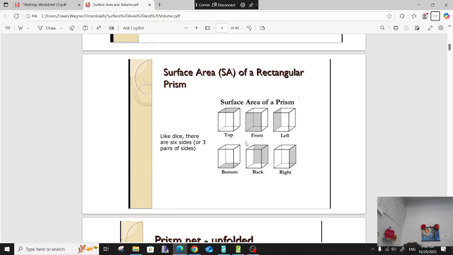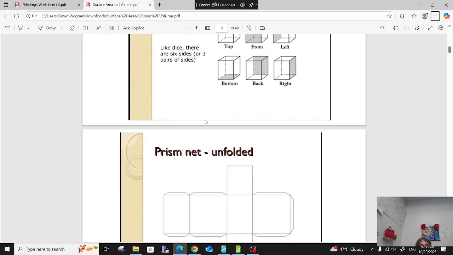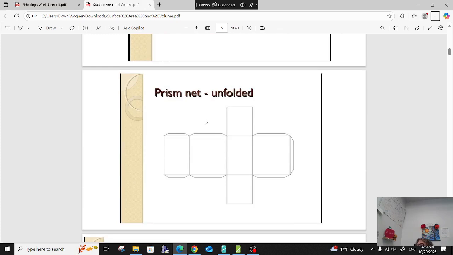Okay, so here's your rectangular prism. You created this, so I'm just going to go through this. Now this rectangular prism, so you have two rectangles here and here. They may or may not be squares. And then you have all of these.